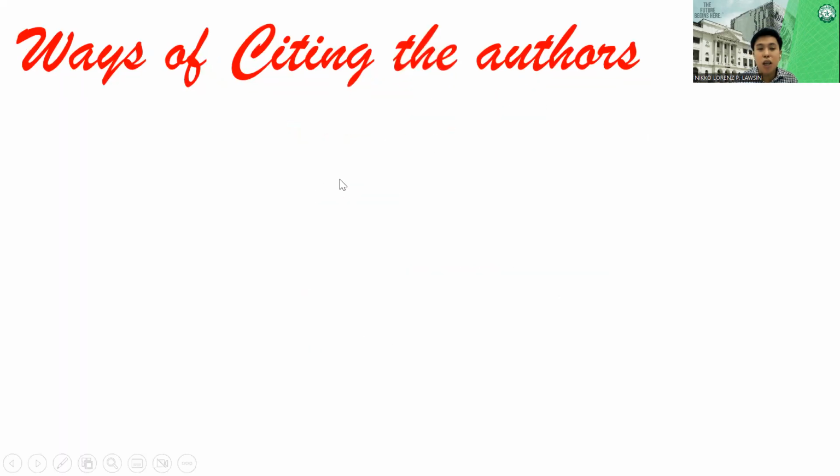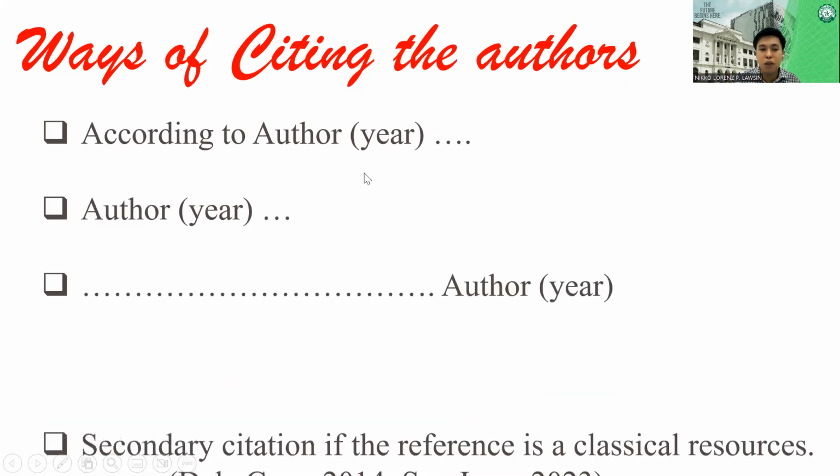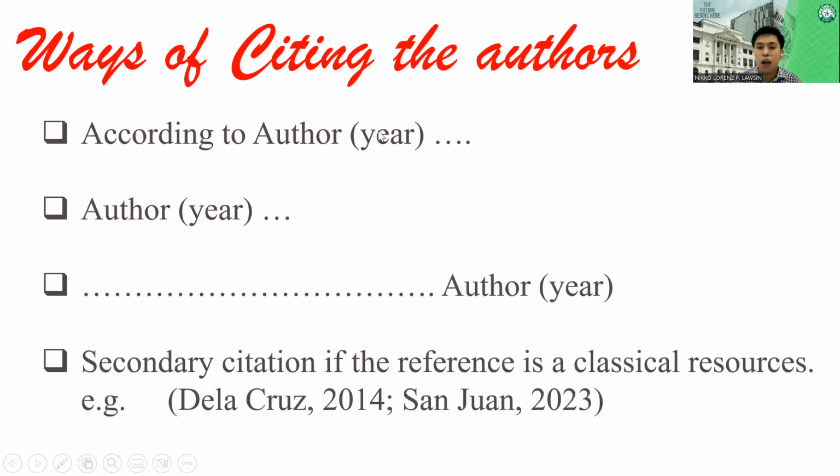Okay. Now, ways of citing the author. There are several ways to cite them. The classical one is according to: write the author's name and year, and the paraphrased sentences that were captured by the author. Or you can also have author, year, and the paraphrased content of the related literature.